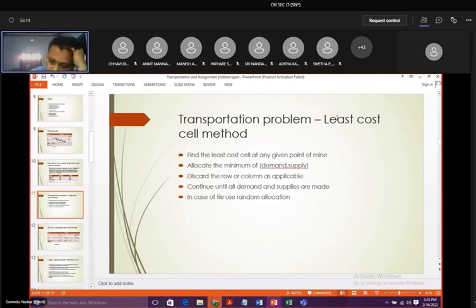How much is the value? Yeah, total value I have to calculate. I just got a matrix. Okay, sir.